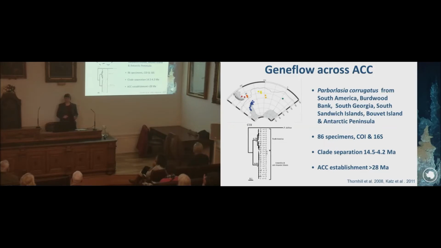The Antarctic circumpolar current established about 28 million years ago. So since the establishment of the current, we had different taxa crossing it at different times, coming in and out of the Antarctic. And this pattern we have seen over the last 10 years in several taxa.